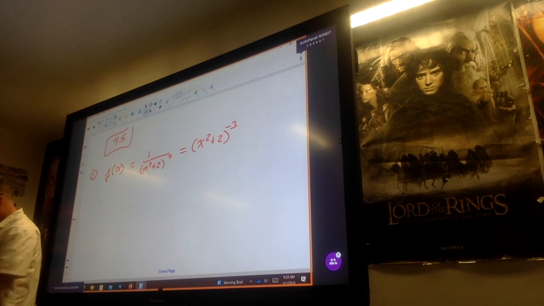And then we want to do something called the power rule. This is going to work this way. Let me just make sure I can do that the right way.